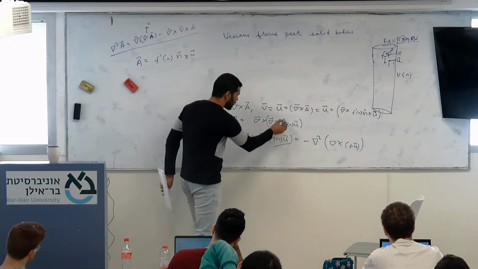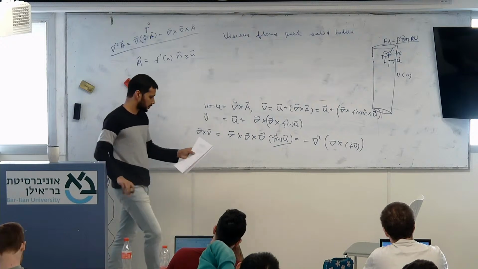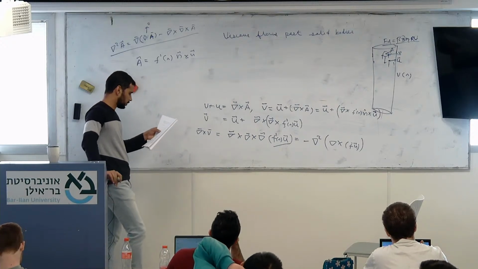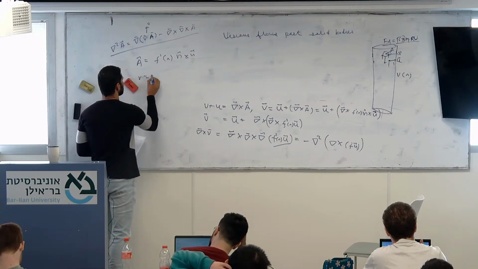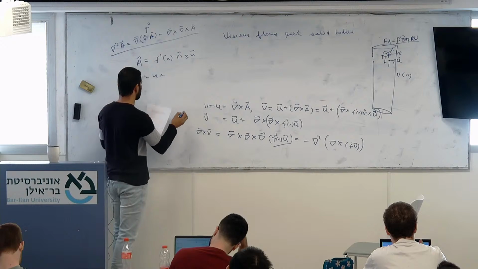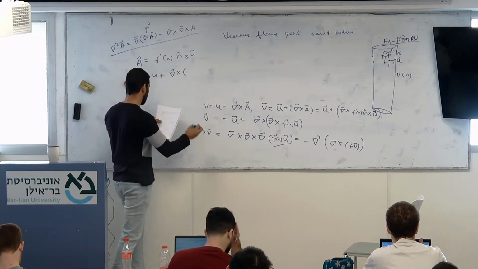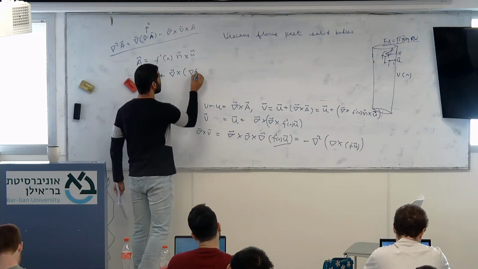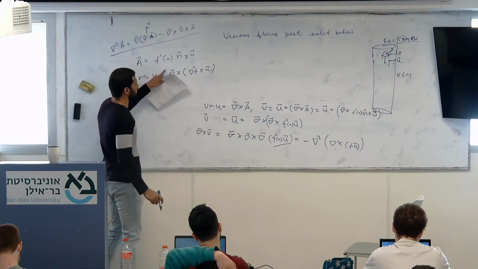So F prime will continue. So V becomes U plus this F prime, which is basically grad of it.